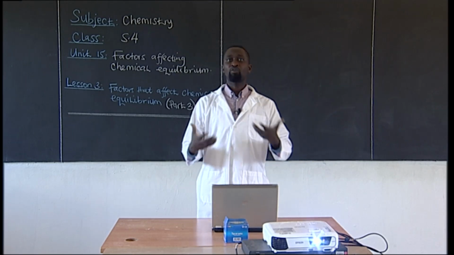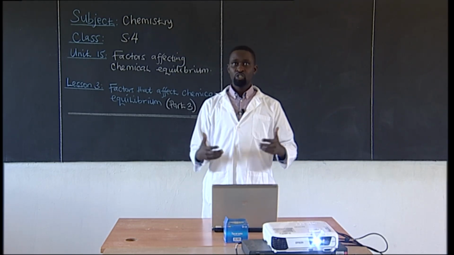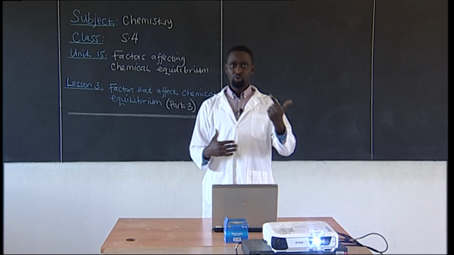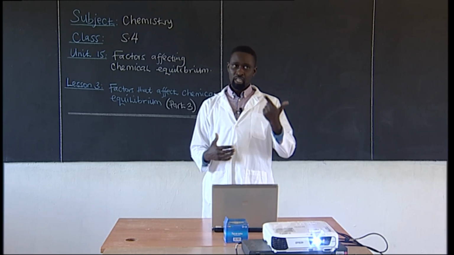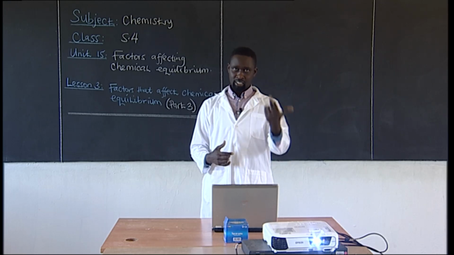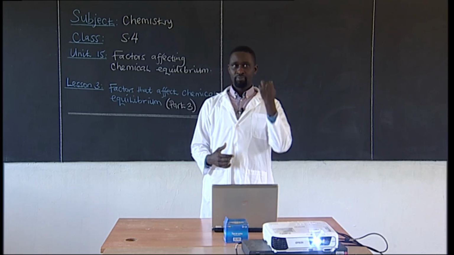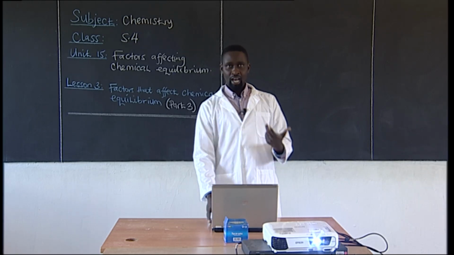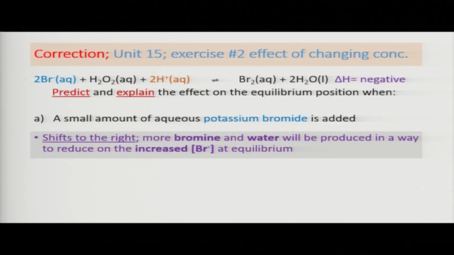So how will the equilibrium modify itself to minimize that change? That is what the question is saying. So in answering, we must state our prediction, then go ahead and explain. The expected answer is that the equilibrium shifts to the right. Why?